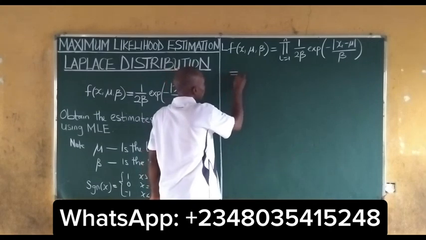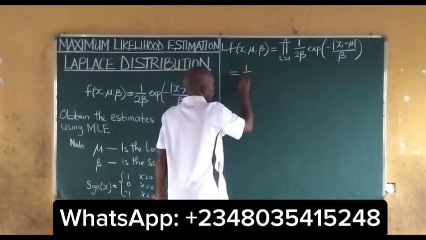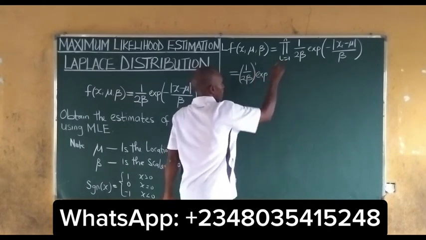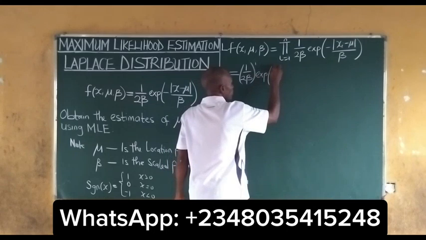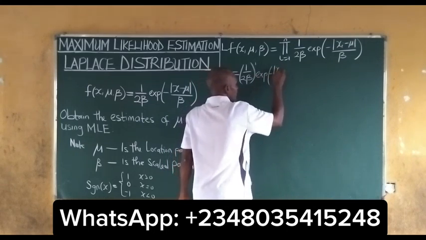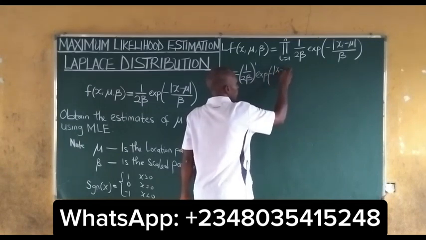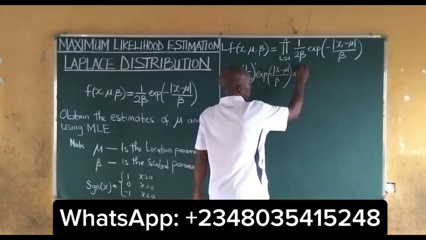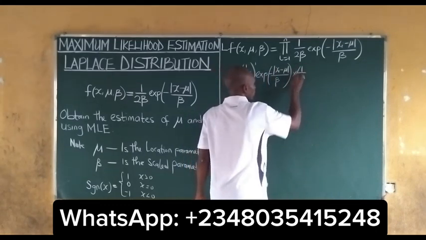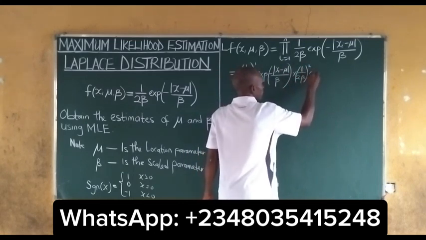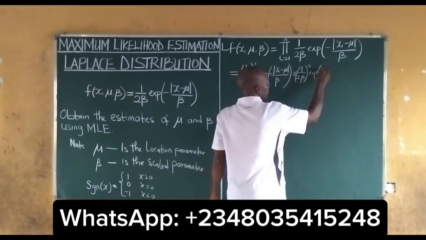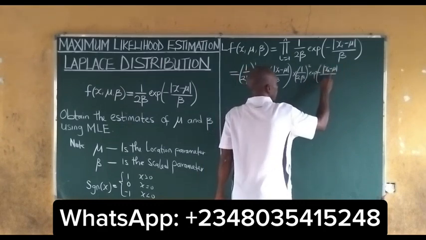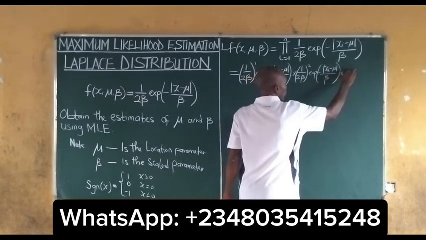So the likelihood function will be equal to 1 over 2b, the first one, exponential negative x1 minus mu over beta, multiplied by 1 over 2b, the second, exponential negative x2 minus mu over beta, and it continues like that.